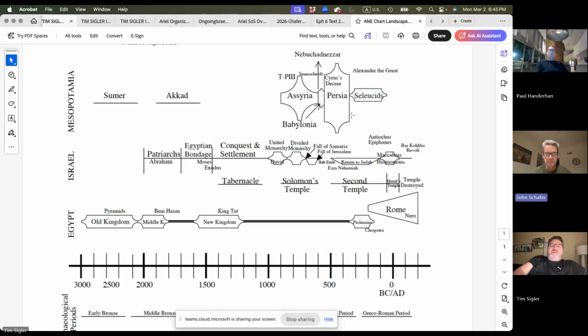Yes. So the major empires of Mesopotamia were Assyria, a little tiny Babylonia, and then Persia before you get to the Greeks and Alexander the Great. So if you want to memorize these in order, just memorize your ABPs: Assyria, Babylonia, and Persia.